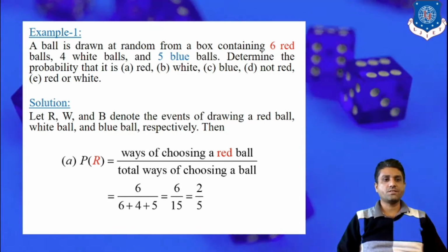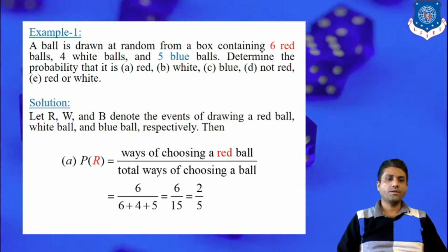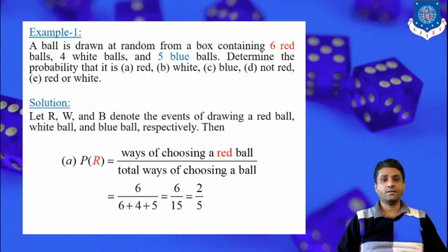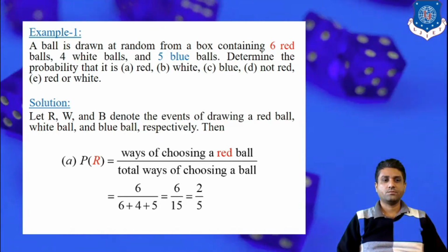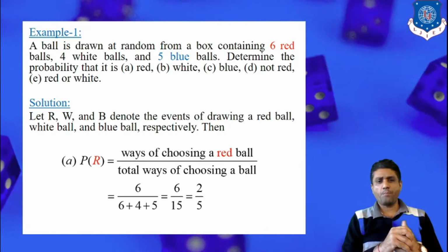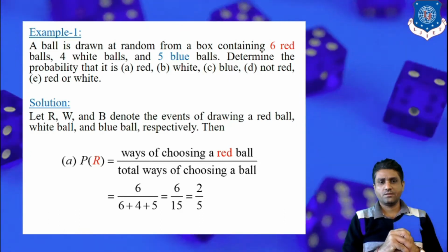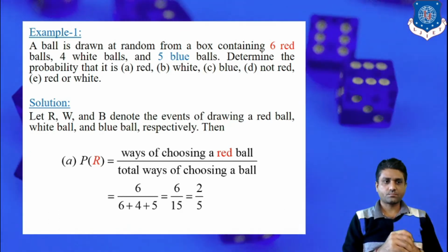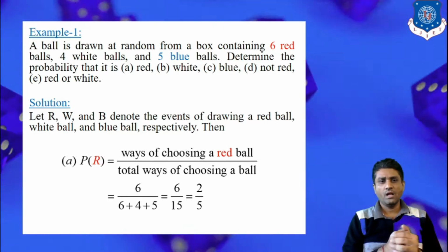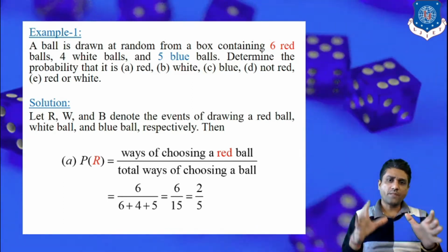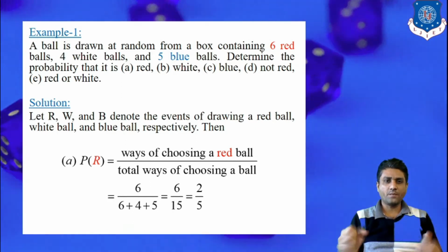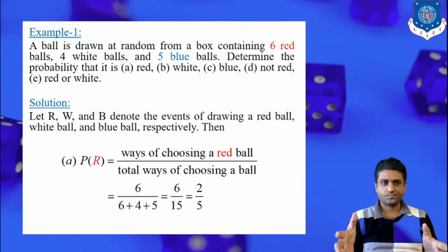Now, the question suggests that a ball is drawn at random from a box containing 6 red balls, 4 white balls, 5 blue balls. So this statement suggests that we have to consider one particular box, and from that box we are interested to draw, that is, pick up a particular ball.